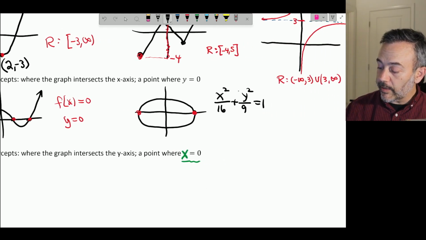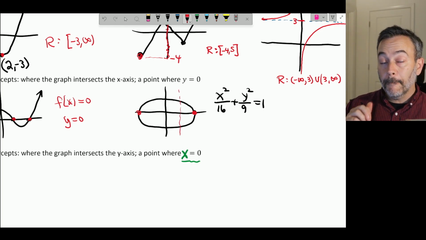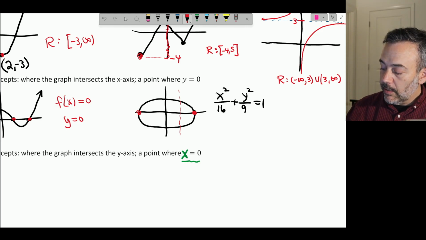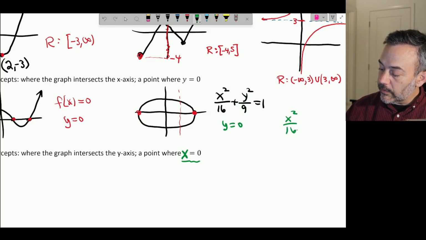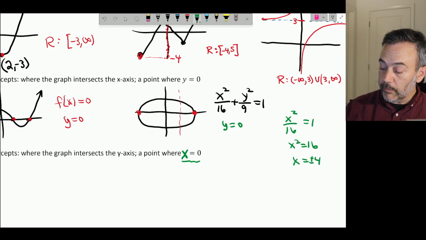You see both x and y are squared, so it's not a function. It doesn't pass the vertical line test, but it does have 2 x-intercepts. And if we plug in y equals 0 into this equation, this would be gone, and we would get x squared over 16 equals 1, x squared equals 16, x equals plus or minus 4 if you take square roots of both sides.